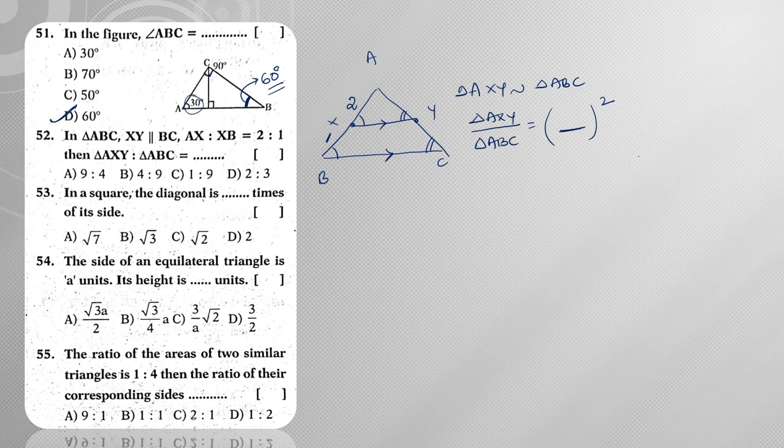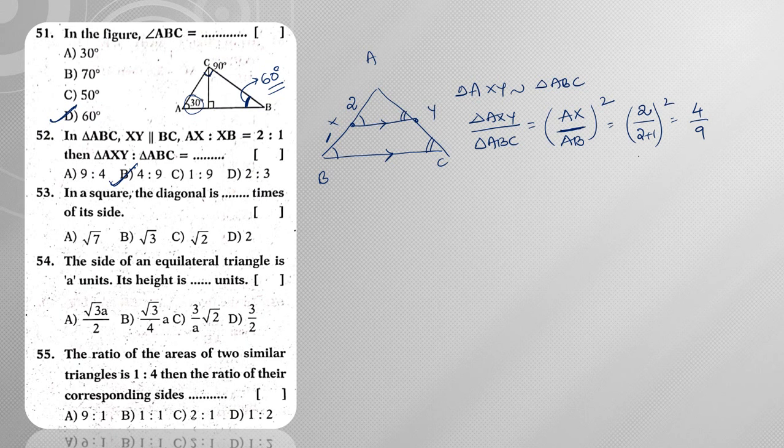Now when I observe, you can see that AX is the side of triangle AXY, and similarly AB is the corresponding side of triangle ABC. Now directly substituting the value, AX is clearly 2 by AB is 2 plus 1, so whole square, which is nothing but 4 by 9, which is equal to 4 is to 9, hence the answer is option B.